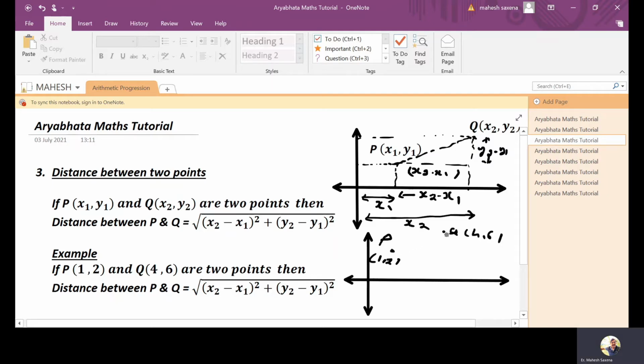Therefore, distance PQ by this formula will be under root (x2 minus x1) square plus (y2 minus y1) square, that is, under root (4 minus 1) square plus (6 minus 2) square.